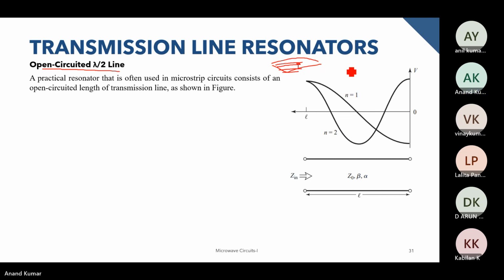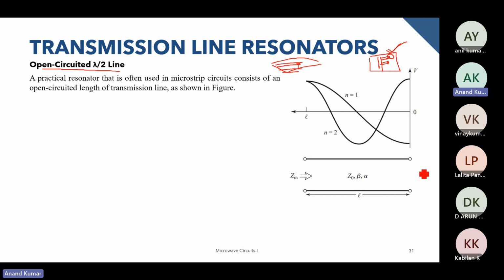Or if you have a PCB with a transmission line that branches into this line, and you want a short circuited point here, you have to make a via. Instead of doing that, we can also have an open circuited transmission line, where you end in an open circuit and don't have to do anything. So an open circuited transmission line is more convenient from a fabrication perspective, and we often use open circuited transmission lines.